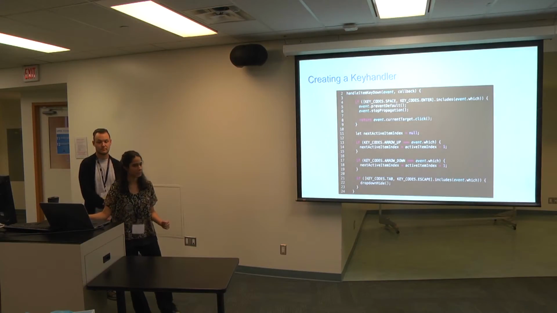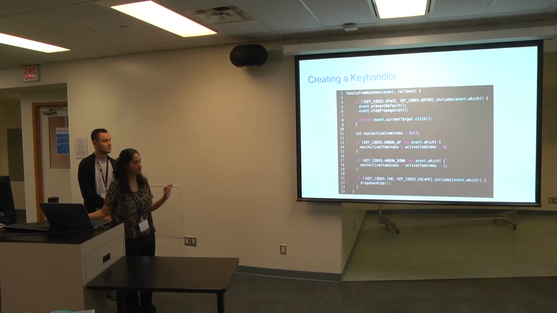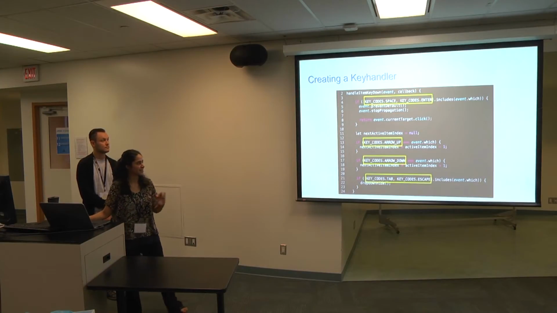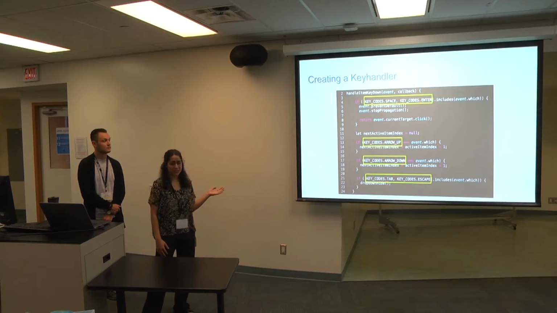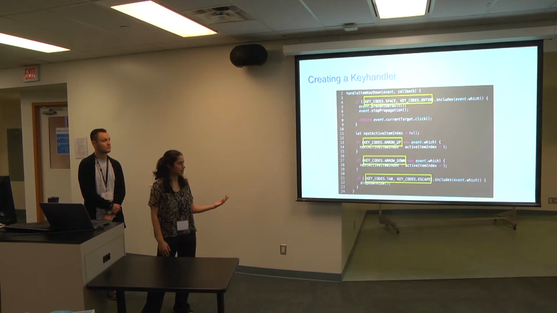Let's look at the code. Looking at it like this may seem a little overwhelming, but we can simplify it easily, like that. It's basically saying, if the user presses space or enter, you want your program to do something. If they press up, down, tab, or escape, you want them to do something.